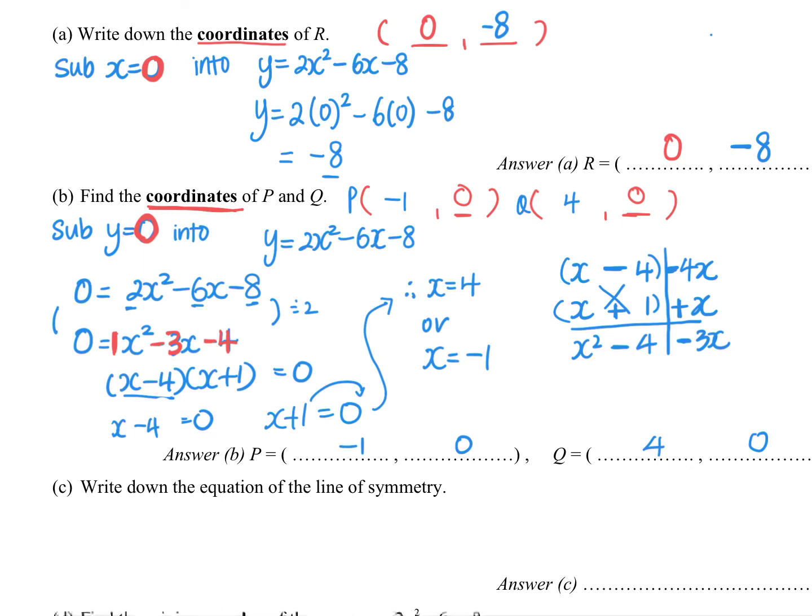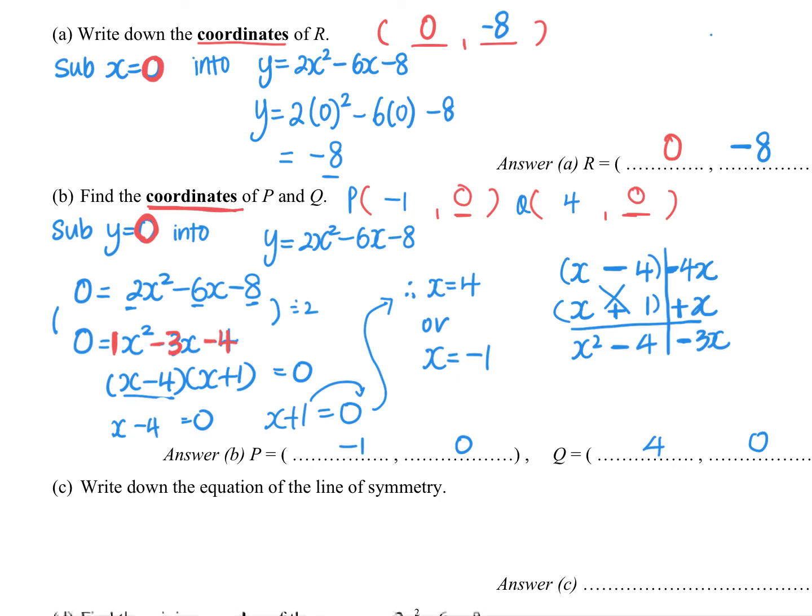Have you gotten the concept? Okay, so let's roughly go through it again. Firstly, it cuts the x-axis, so I substitute y equals 0 into my equation. Then secondly, I need to use factorization to solve this equation. In this particular question, I noticed there's a common multiple of values, so I can divide by 2.